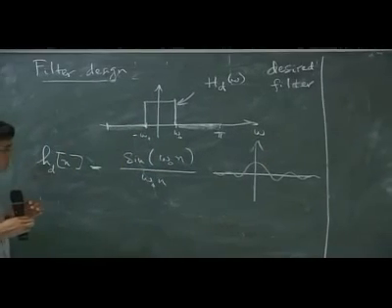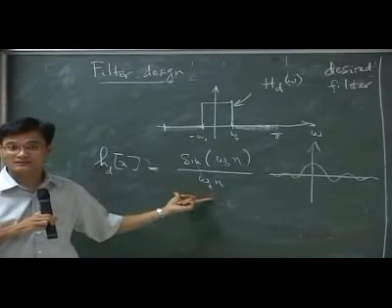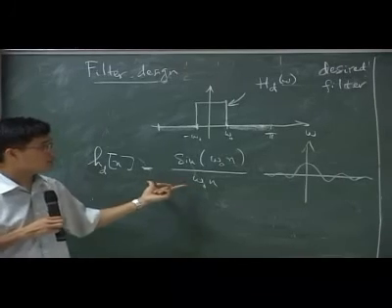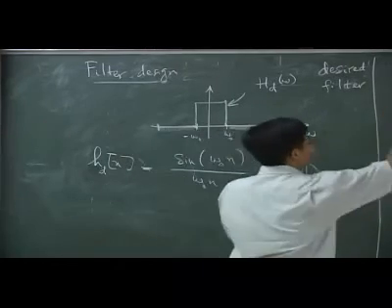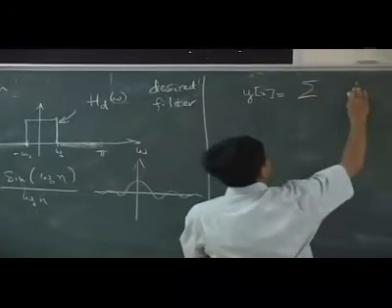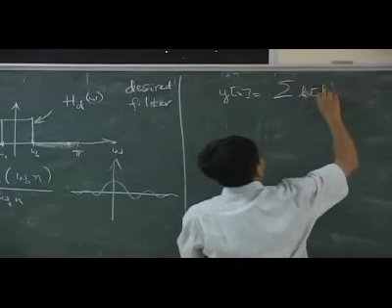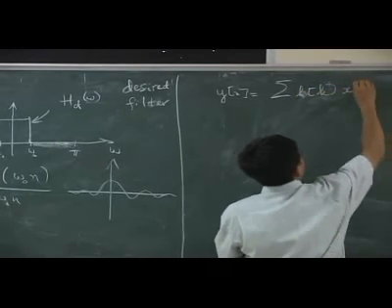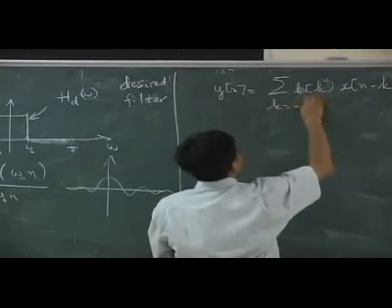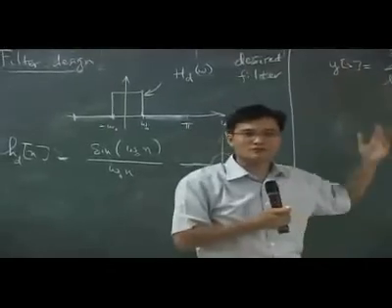So you cannot tell someone to take that filter to compute, because to compute this I have to compute y[n] equal to the summation of h[k] x[n minus k], with k going from minus infinity to plus infinity. You might say, take that, put it in that formula, compute it, no problem.